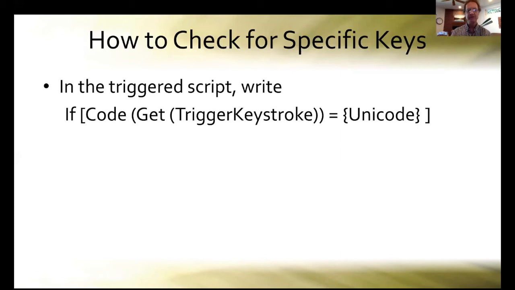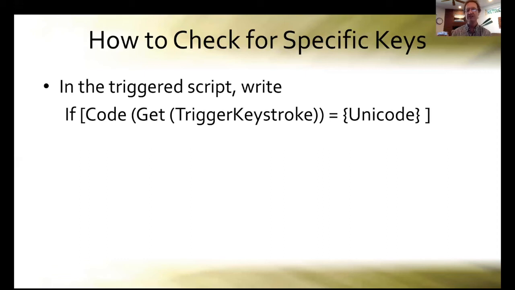The Code function returns the Unicode point value, and then nested inside the Code function, use this wonderful little Get function called Get(TriggerKeystroke). Get(TriggerKeystroke) is one of those magical Get functions that's constantly monitoring what's happening, and it will be able to return to you the keystroke that was used to trigger the script that you're in when this If statement is being encountered. So if that equals, and then you put the desired Unicode point value.